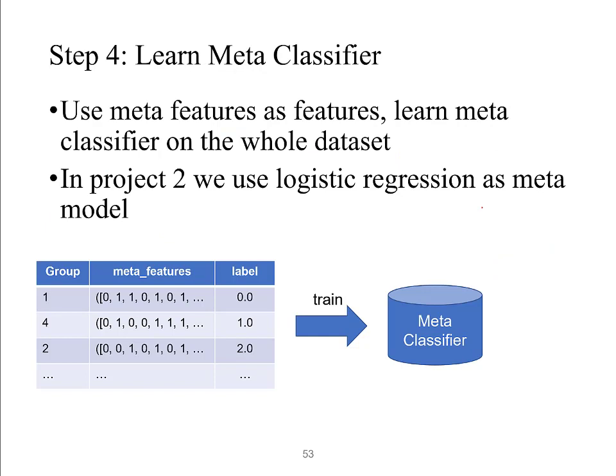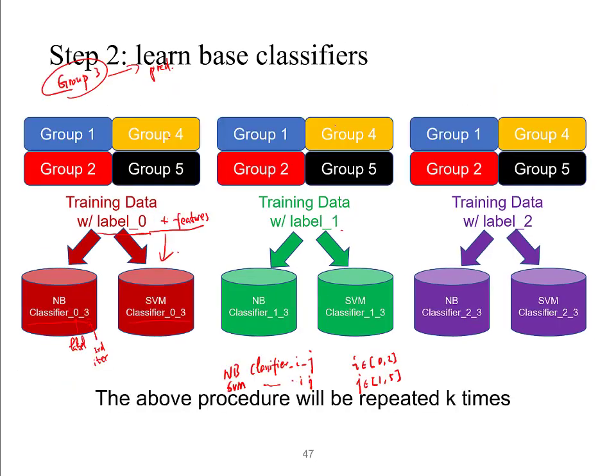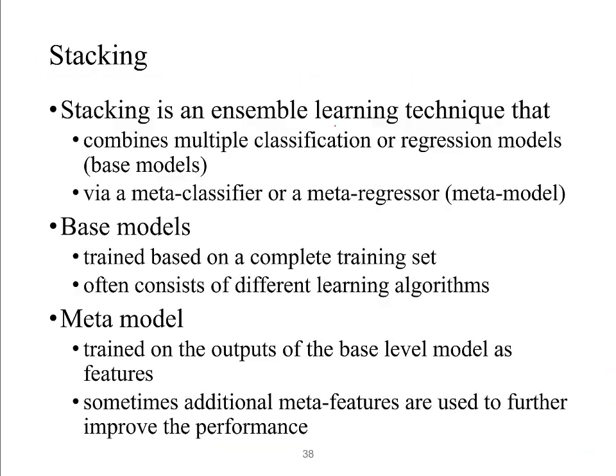All right. So step 4, we learn the meta classifier. Learning is really simple as long as we have this. So we use meta features as features.